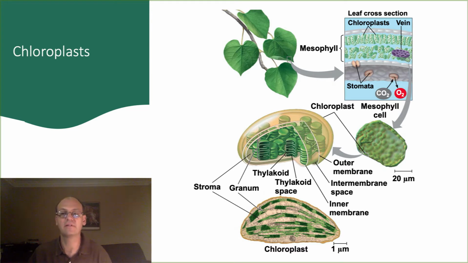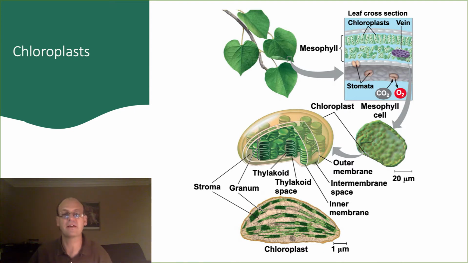We'll look at different anatomical features of leaves later, but for now, notice that leaves have air spaces within them that are connected to the environment through small pores called stomata. Carbon dioxide, oxygen, and water vapor can pass through the stomata in order to facilitate photosynthesis in the mesophyll cells.